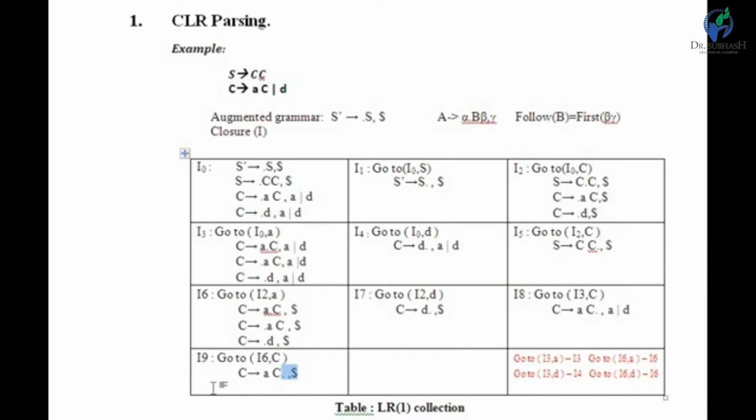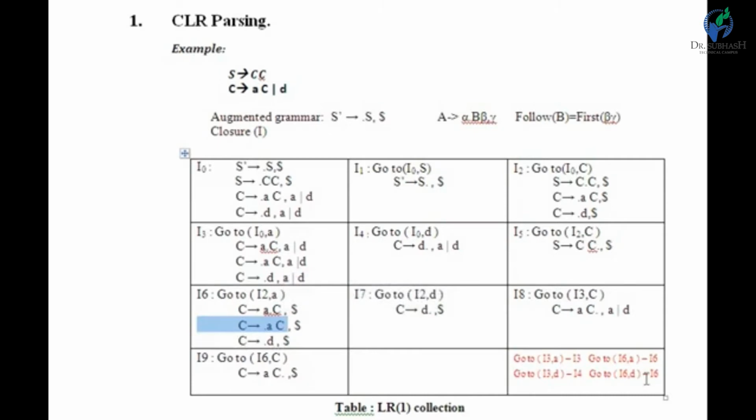So these two are different. Next move I6 on A. So C gives A dot C, comma dollar, which is I6. Next move C gives D dot. So it's C gives D dot, dollar, which is I7.